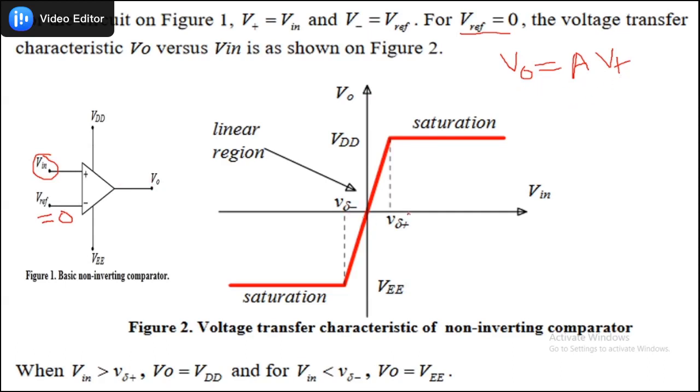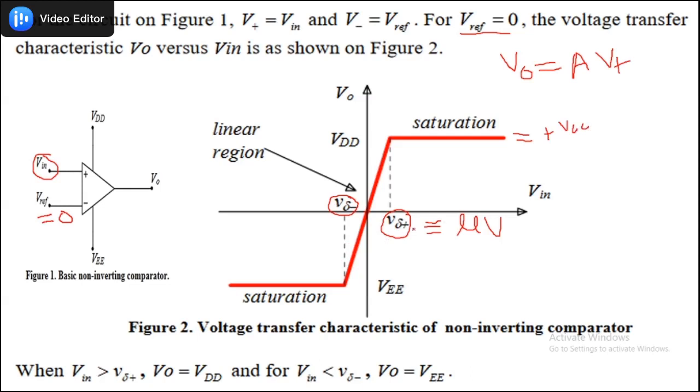Here V delta plus and V delta minus are very small values, of the order of microvolts. This curve simply tells you that when Vin crosses this V delta plus value, your op-amp gets into saturation. As we have seen in the laboratory, when our op-amp gets into saturation, the output will be plus VCC.